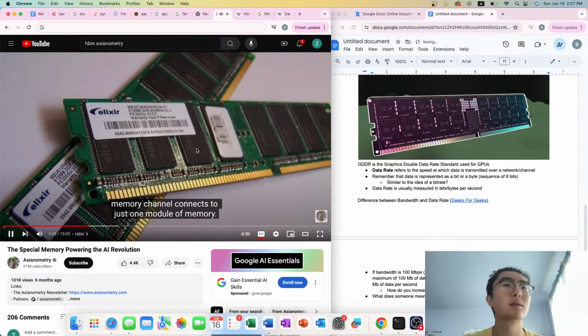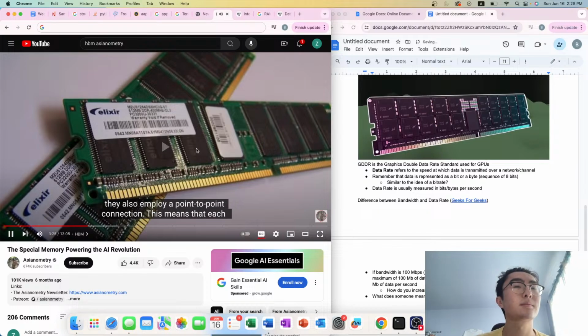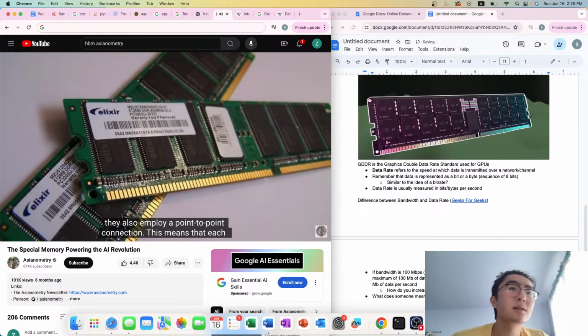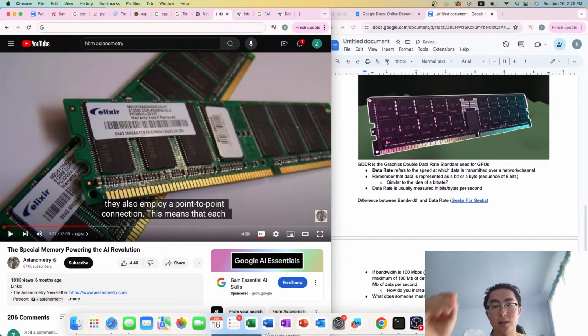Okay. Memory channel. They also employ a point-to-point connection. DDR standard does feature higher data rates. So I think what that means is that every new generation of standards, you're able to transfer data faster than previously. Okay, so that's just what he means by double data rate.